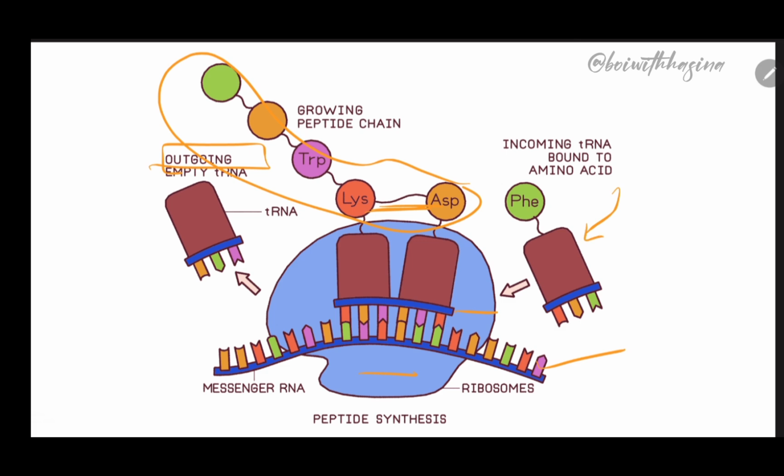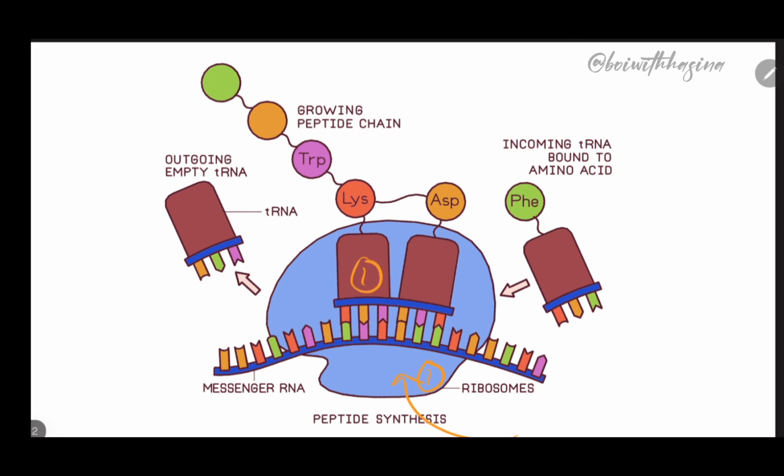So I'll tell you sequentially what is happening. First, your ribosome is getting bound. After this, the tRNA with the methionine amino acid is getting bound. Then other tRNAs are coming and forming the peptide bond, and then they are getting out after delivering the amino acid.